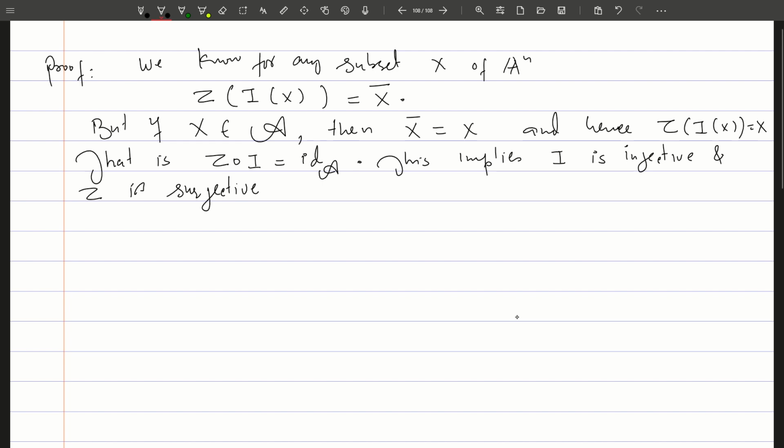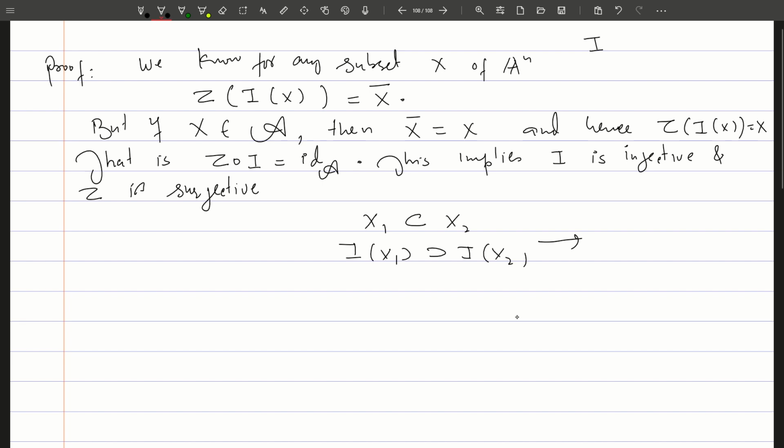Now we conclude, by proving that the function I is decreasing, I mean by proving if X1 is contained in X2, then the ideal of X1 contains the ideal of X2. So we conclude from this result here that the smaller the algebraic sets are, the bigger their associated ideals are.